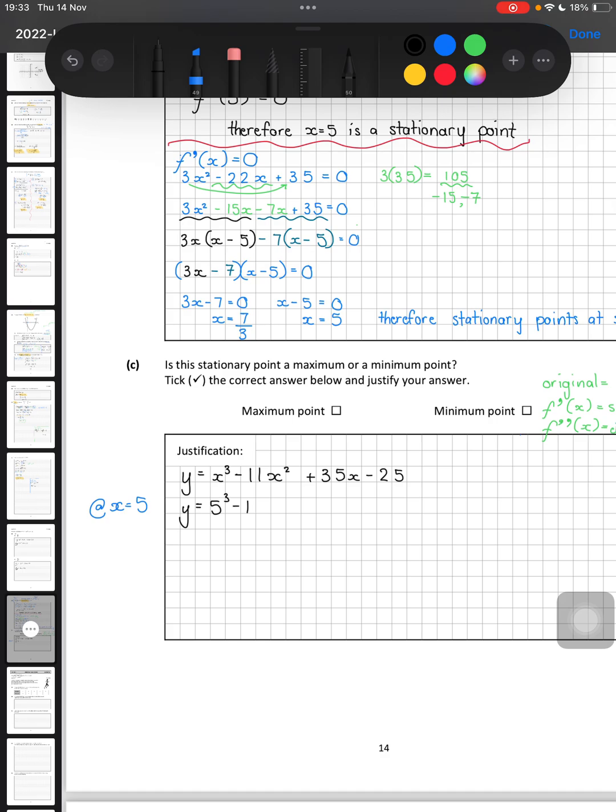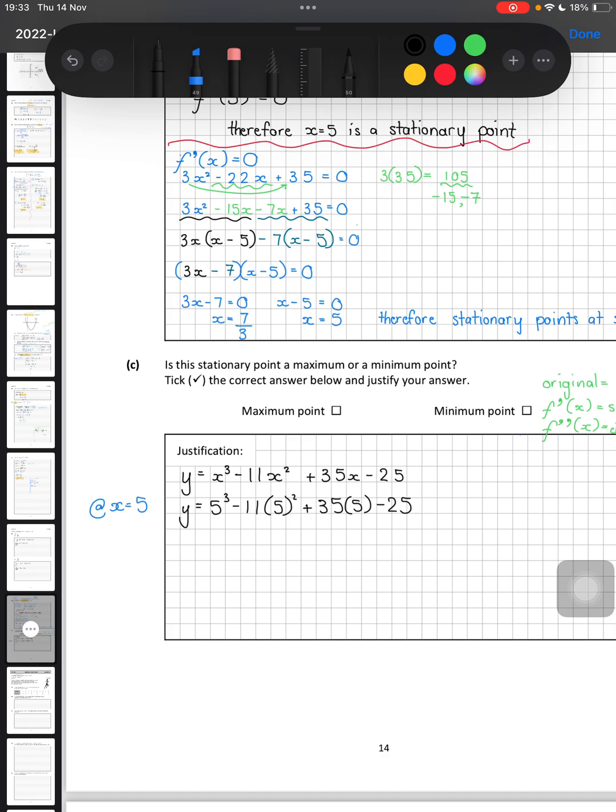5 cubed minus 11 times 5 squared. Do I know what 5 squared is off the top of my head? Yes, it's 25, but I am showing my subbing in before I do anything else. Plus 35 by 5 minus 25. So put all that into your calculator.